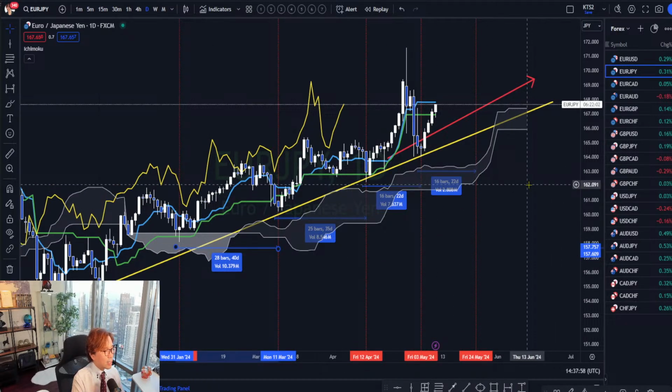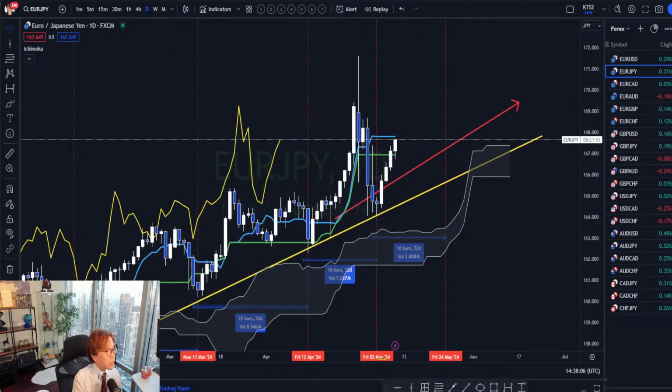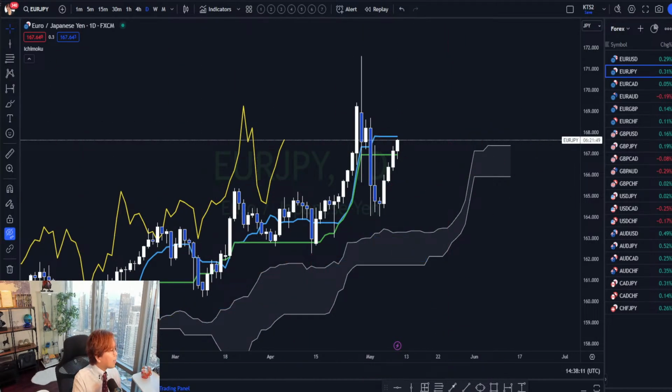So again, for the last 4 days it's been bullish and it's about to reach the Tenkan-sen. Back to the basics of the 5 lines: the price is below the Tenkan-sen. That means the sellers in the short term are still winning. Buyers in the short term are losing because the price is below the Tenkan-sen.